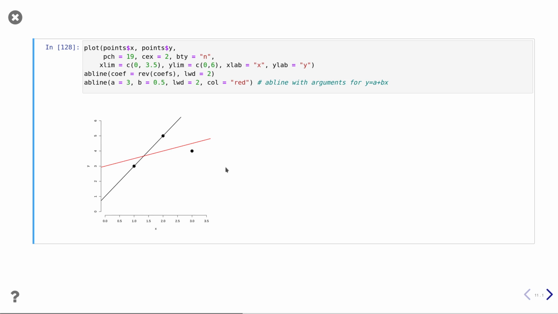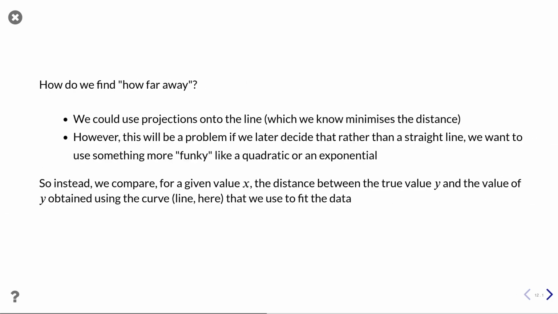So I was quite lucky there. This is quite nice. Okay, so we've got this line. It looks like it's passing roughly where it needs to, but let's see in more detail how we can do this. So I said we want a line that comes as close as possible to the data points.